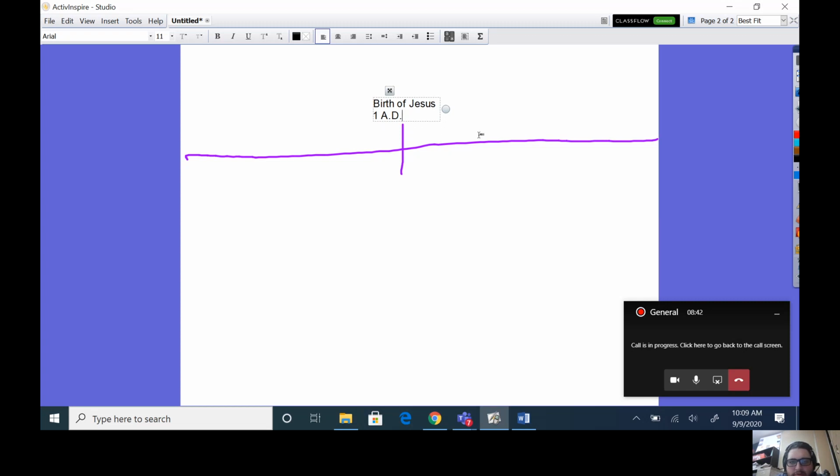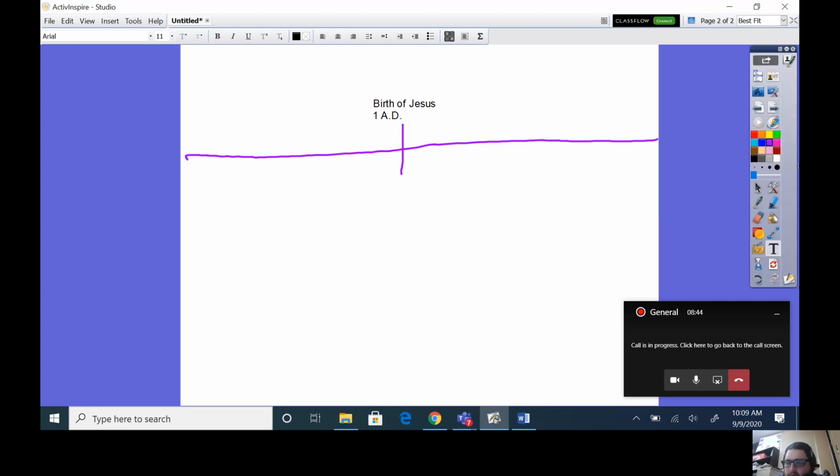They didn't make a number 0 when they were making the calendar, because that idea had not reached most of your European areas. That was still more of an Eastern idea, the number 0.